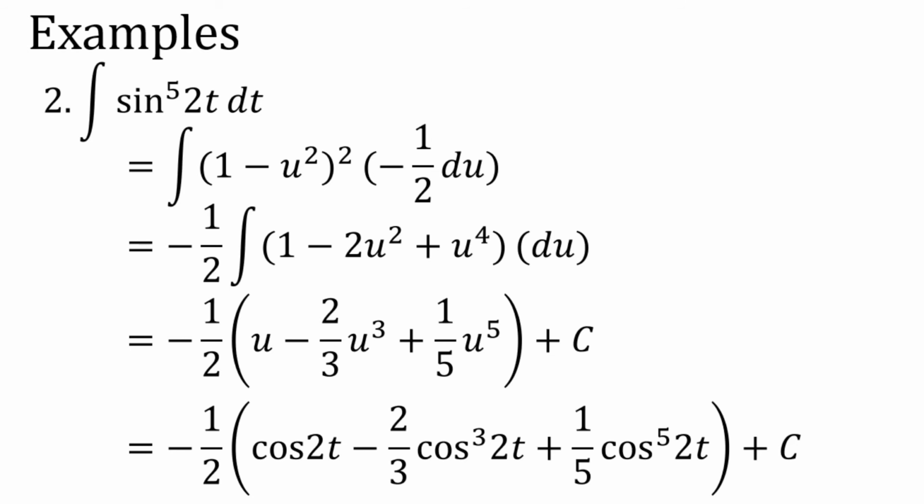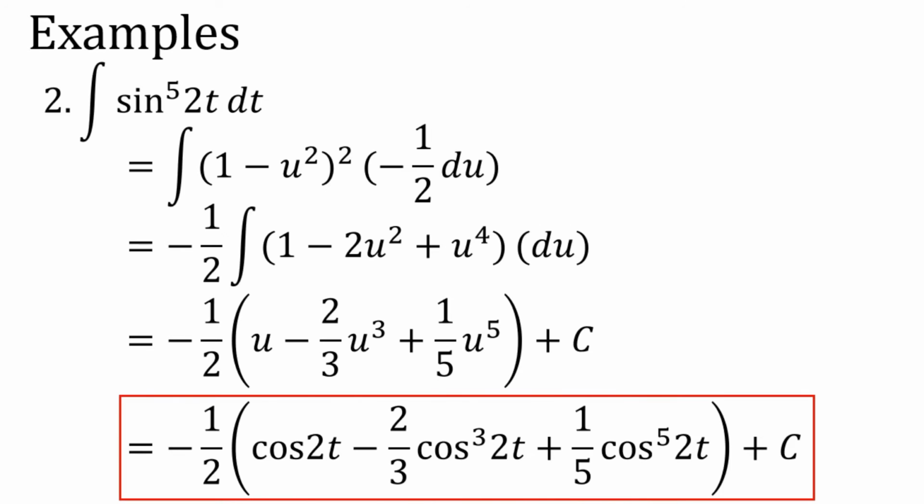So now we're going to have equals negative 1/2 times cosine 2t minus 2/3 cosine cubed 2t plus 1/5 cosine to the 5 2t plus c. So this can be accepted also as our final answer. If you want, you may distribute negative 1/2.